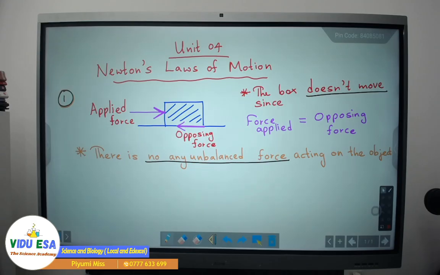So the first conclusion is that when there is no unbalanced forces acting on an object, that object is at rest, right? Does not move.